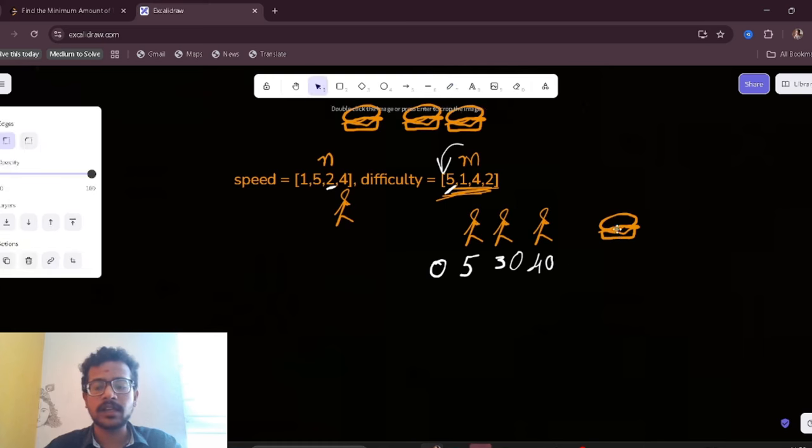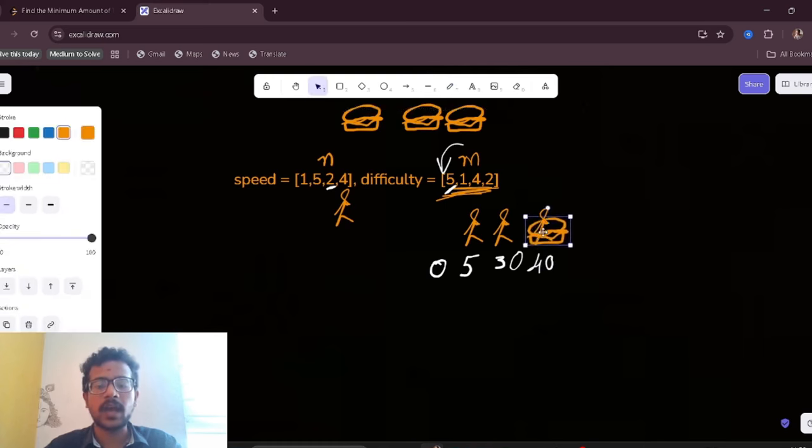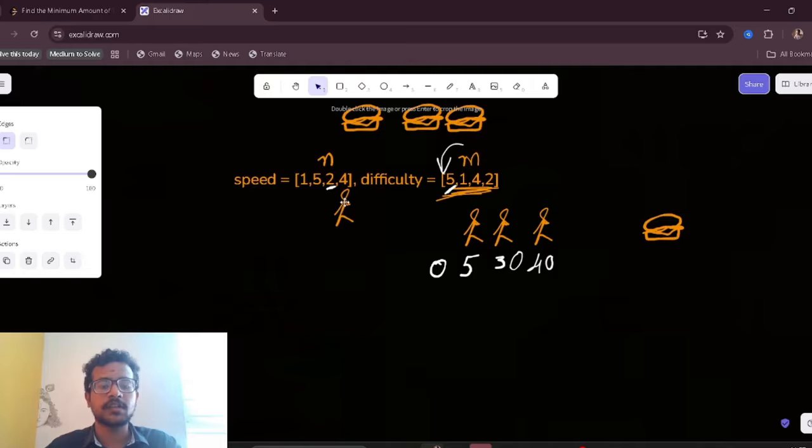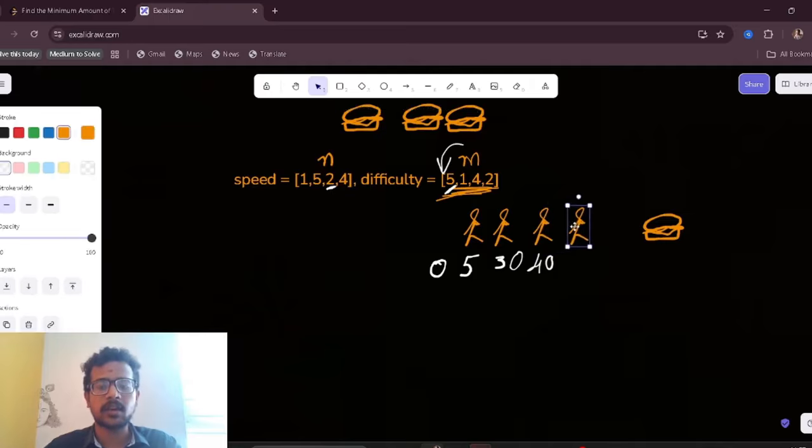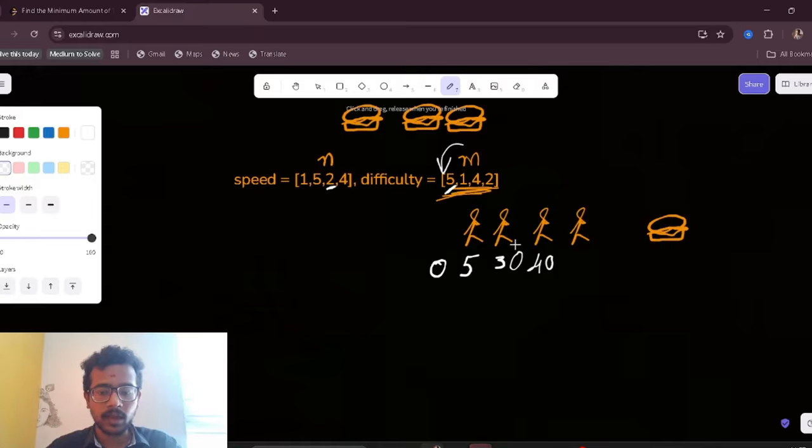Now the burger is at chef 2 and should be given to chef 3. Let me include chef 3 in the work, and burger 0 is given to chef 3. Chef 3 takes 5 into 4, which is 20 minutes. So it would give me 60 minutes.